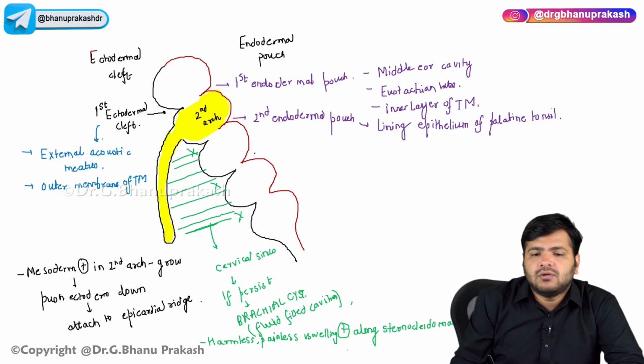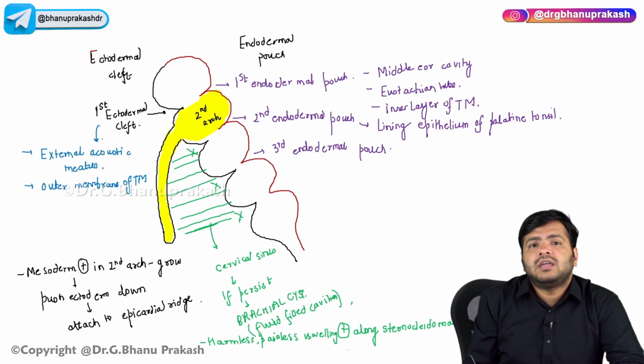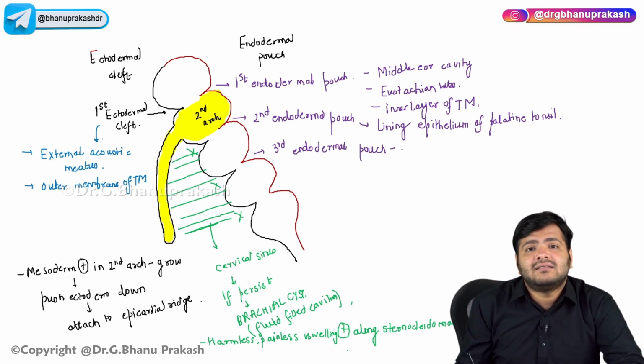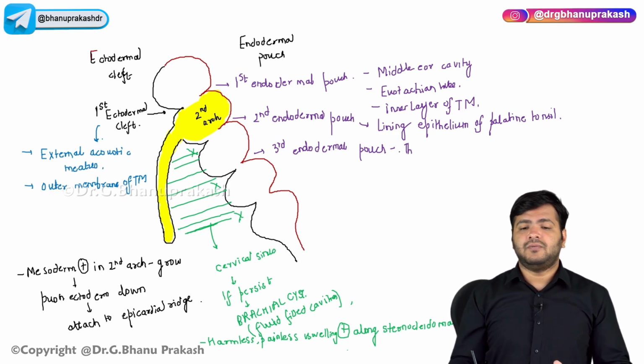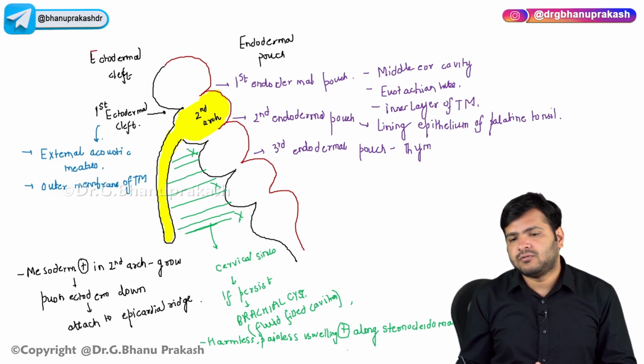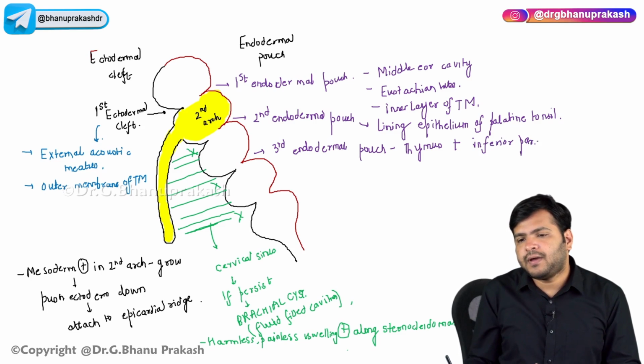The third endodermal pouch will give rise to the thymus and the inferior parathyroid gland. Again remember, it is the inferior parathyroid gland, right? So yes, it is the thymus and inferior parathyroid gland.